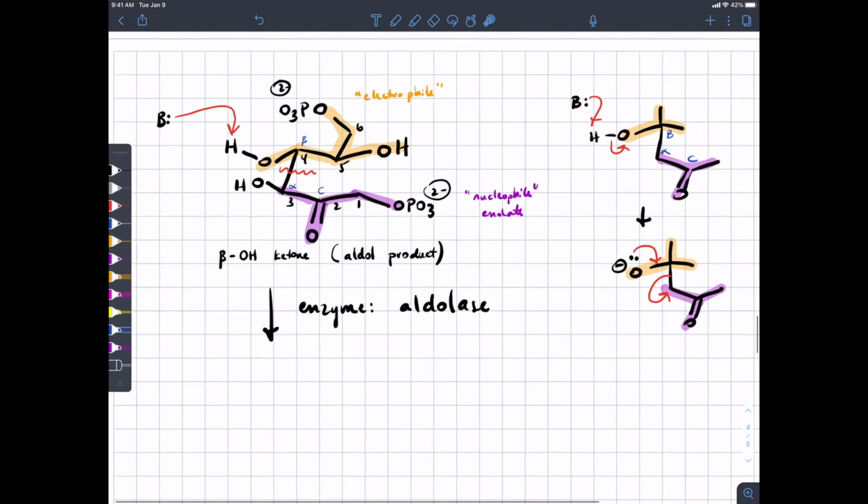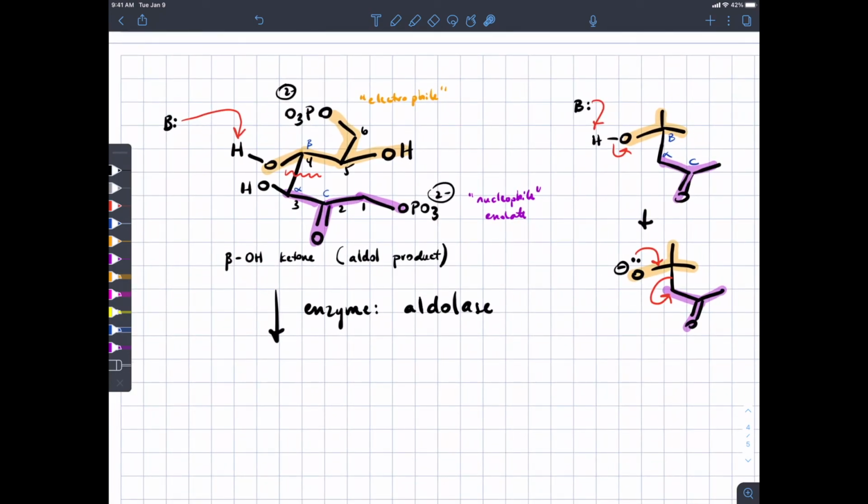Because this is enzyme catalyzed, one of the things that enzymes do in catalysis, as you saw before when we did the hydrolysis of lipids with the lipase and the catalytic triad, is they catalyze proton transfers. And those proton transfers can either happen before or during a slow carbon-carbon bond forming or breaking step. If it happens before, it's called specific acid catalysis. If it happens during, it's called general acid catalysis.